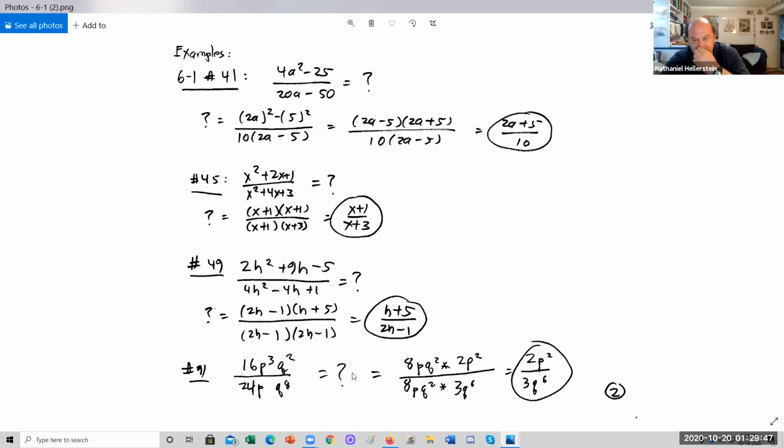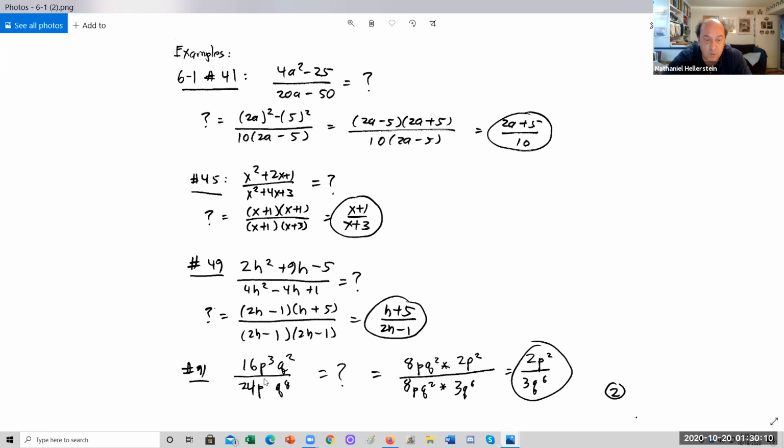This one is relatively easy. 16p to the third q to the second over 24p q to the eighth. Here we don't have to do any factoring of trinomials, it's just look for common factors. 16 and 24, well, 16 is 8 times 2, and 24 is 8 times 3. So this is the greatest factor in common between 16 and 24.